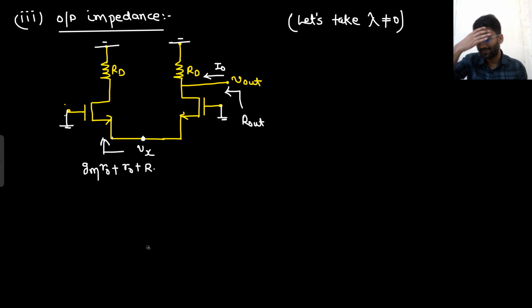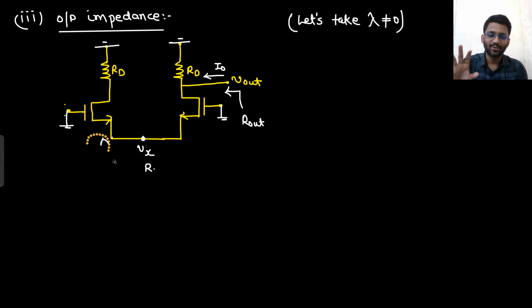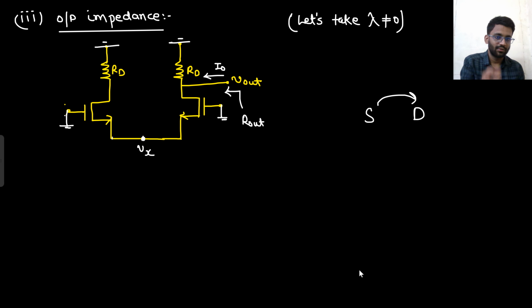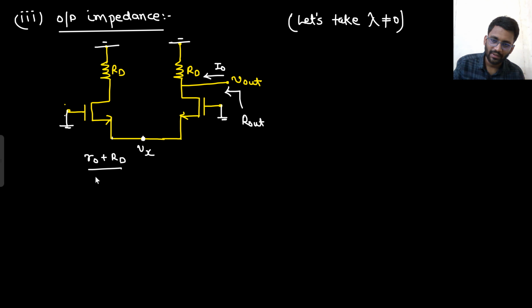Oh, just brain fade. I'm really sorry. You are going from source to drain. It was a very bad brain fade from my side. Source to drain, so you need two steps. What are those two steps? R naught plus RD upon 1 plus Gm R naught.